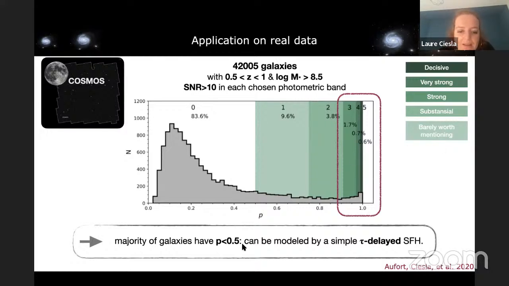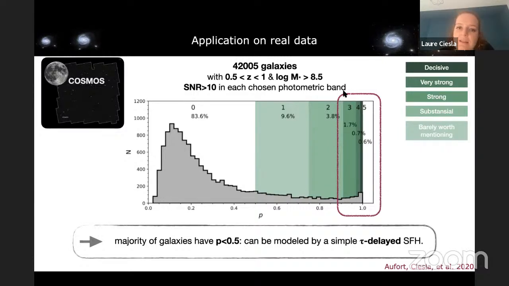So you see here that the majority of galaxies have a probability below 50% to have experienced a recent burst or quenching. So this is, of course, what we would have expected. If not, the main sequence wouldn't be what it is now.